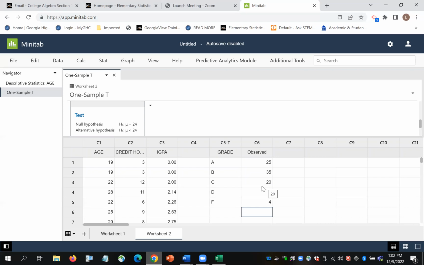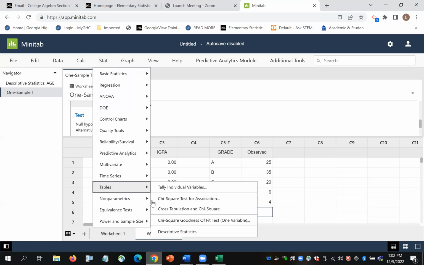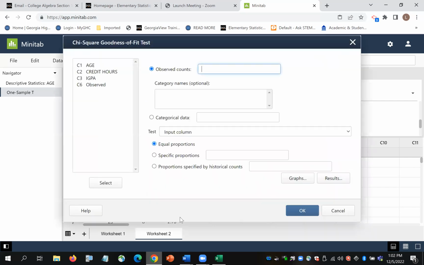And now I'm going to calculate the chi-square. Stat, tables, chi-square goodness of fit test, 1 variable. My observed counts are in column 6.